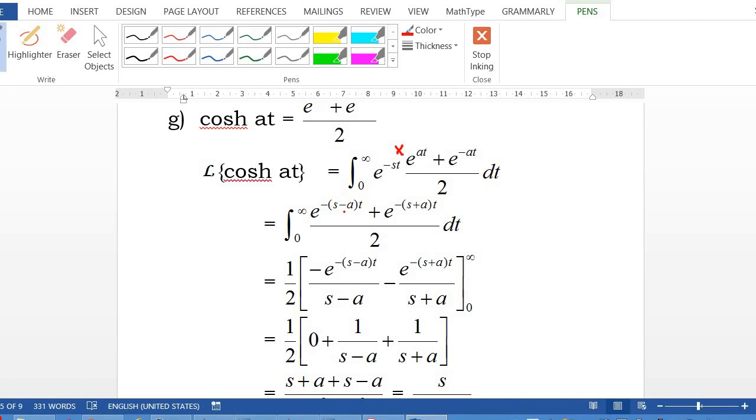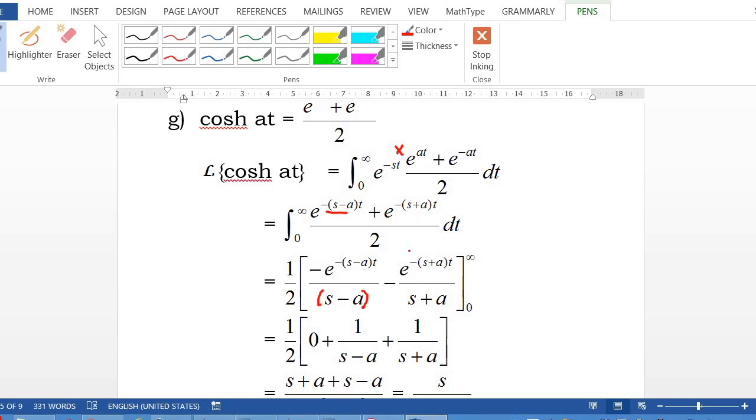So exponent negative st plus at here, and then here plus exponent negative st minus at. Integrate with respect to t. For the first term, you factor out 1 over 2. Integrate this one, you get the same exponential term and divide by negative bracket s minus a.